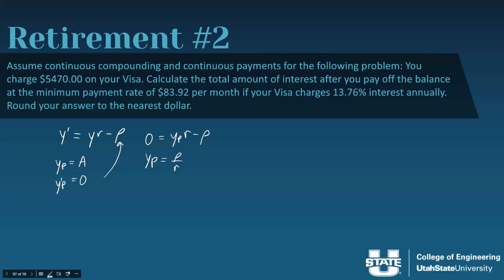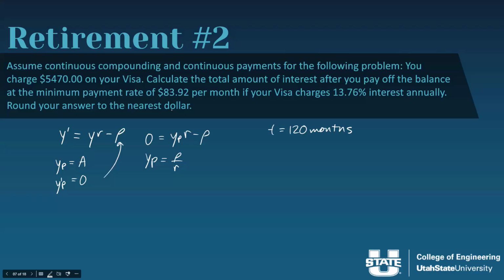Okay. So we got that t is 120 months. Then we want to figure out how much interest we paid. So we have our loan, and we're making payments on the loan, but we're also paying interest. So we're paying more than our initial loan was, right? So what we can do is figure out how much we paid total.